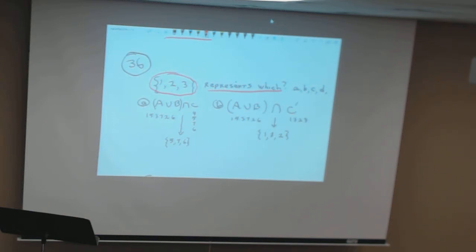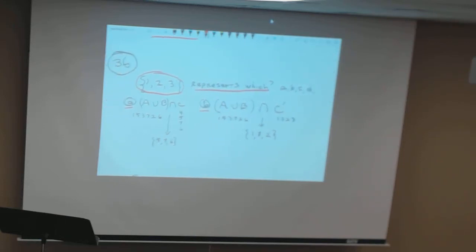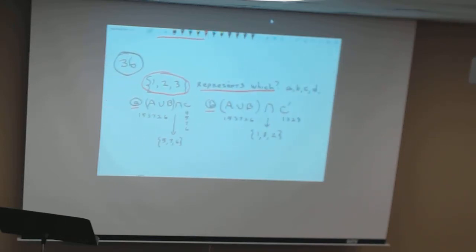And they give me A, B, C. Does it represent this or this? Or what else? 36, A, B, or C? Or D?